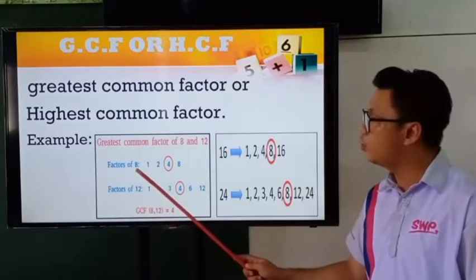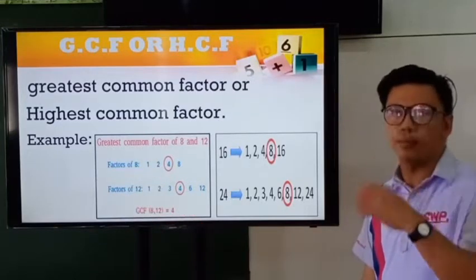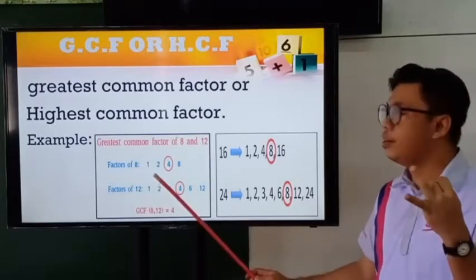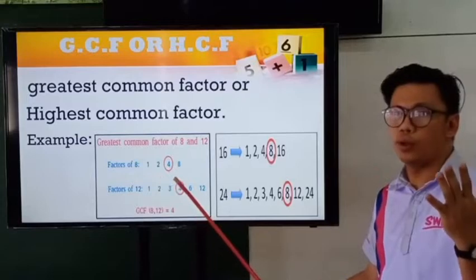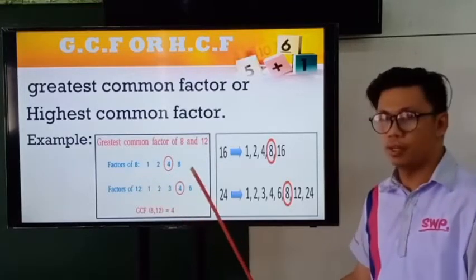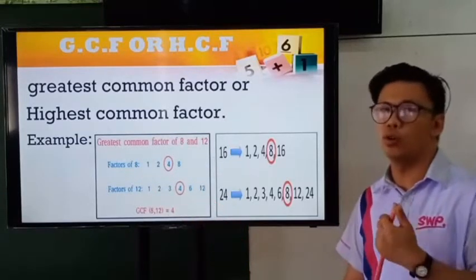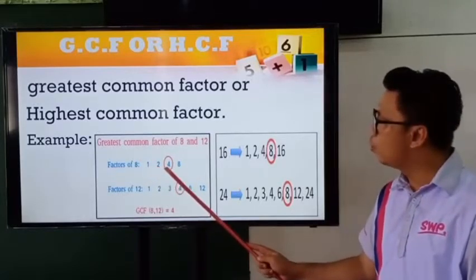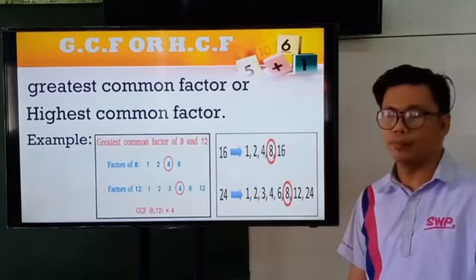Let's start with 8. What are the factors of 8? We have 1 times 8 and 2 times 4. We will list the numbers from smallest to largest. So we will write 1, 2, 4, and 8.